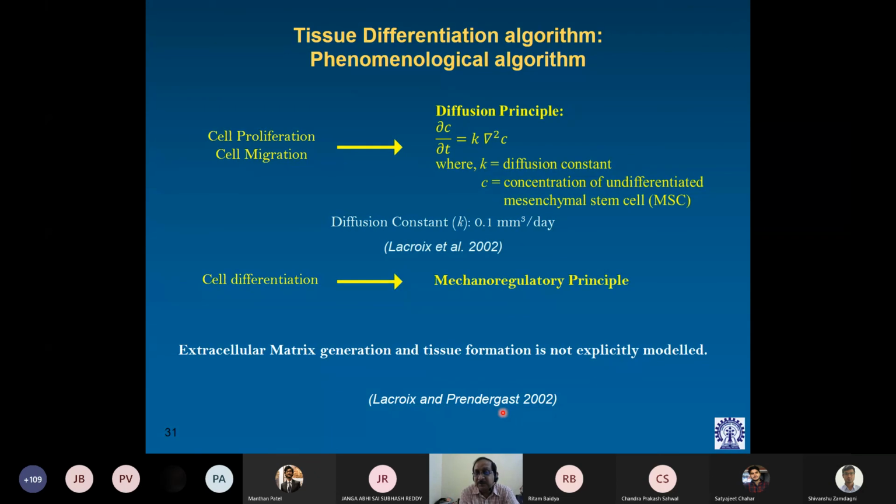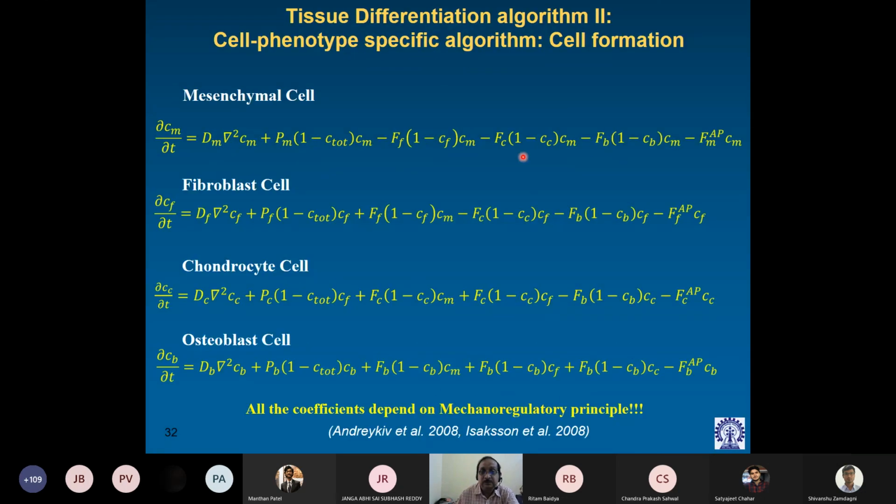Here is just a repetition of the slide that we have used for our simulations. You can see that rho has been replaced by C. So cell concentration is used directly, as it is already there in the diffusion principle. The equations are the same as we have explained to you.